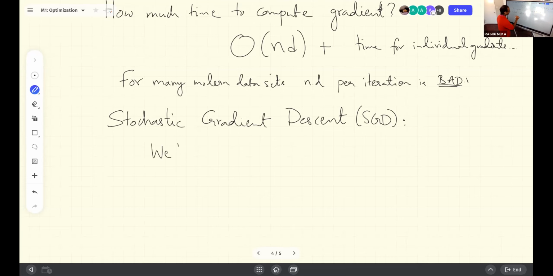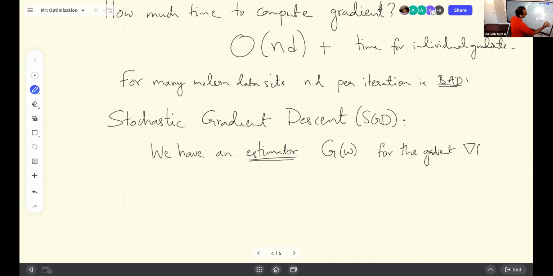So we have an estimator. Let me write it as G of W for the gradient. Okay, so G of W is an estimator, meaning it is a random variable.